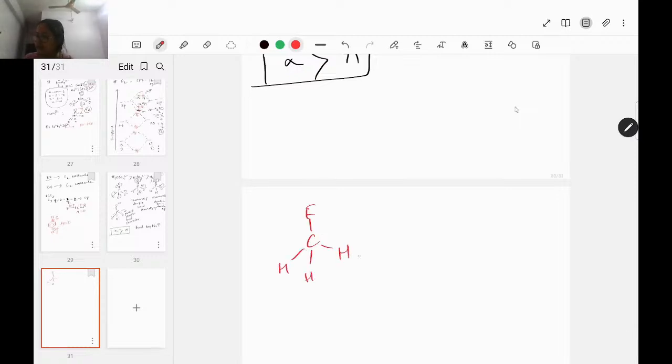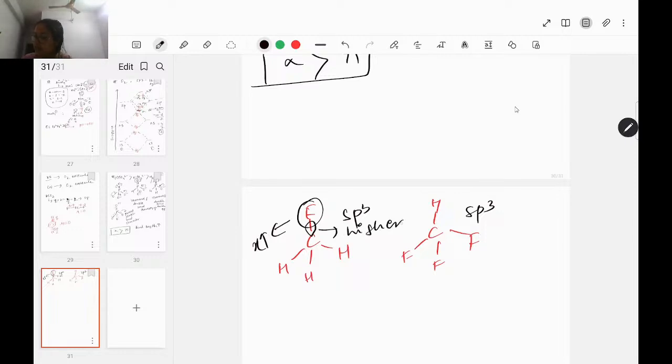So over here if I show you, CFHH and CHFFF. In such a case, carbon in both is using sp3 orbitals, but since fluorine is more electronegative, has a higher chi, carbon uses orbitals of higher p character to bond with the fluorine atom.